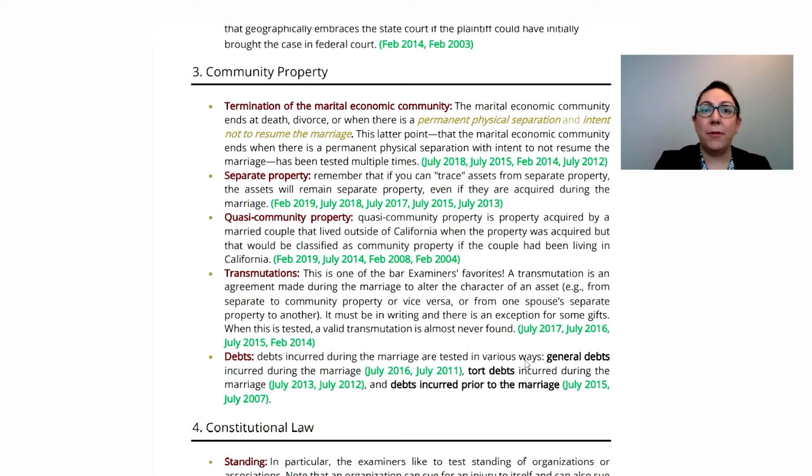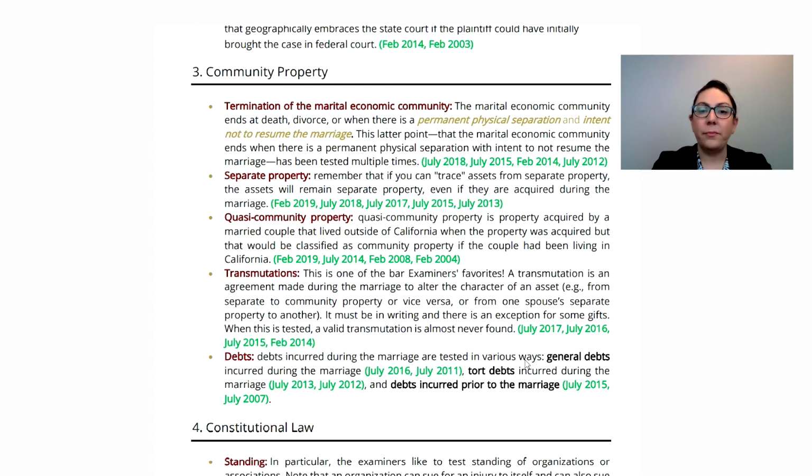So they may change it from separate to community or community to separate. So you oftentimes have to go through several steps with each item of property that they identify and discuss whether it is ultimately separate property or community property and the effect that that has on the distribution of that property upon divorce.